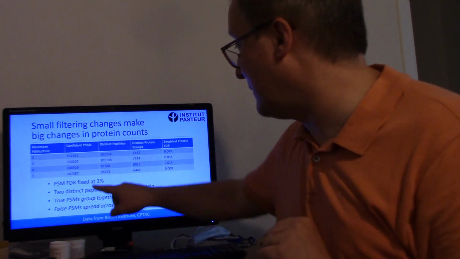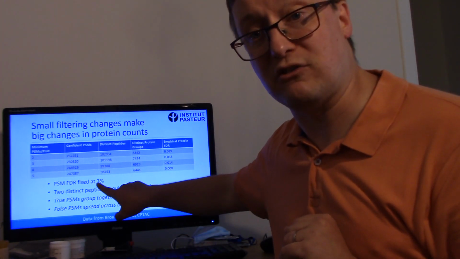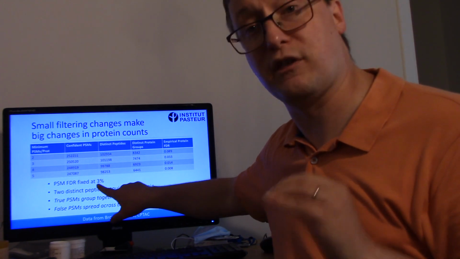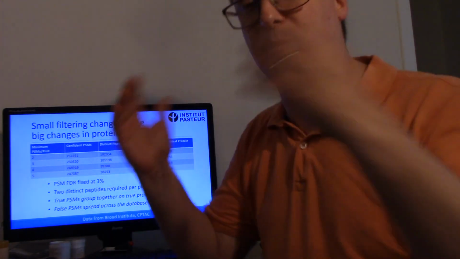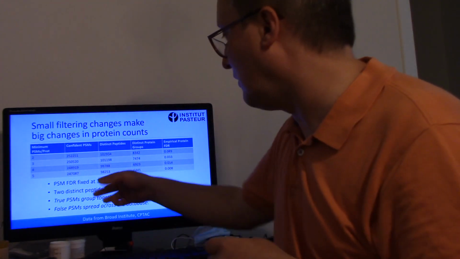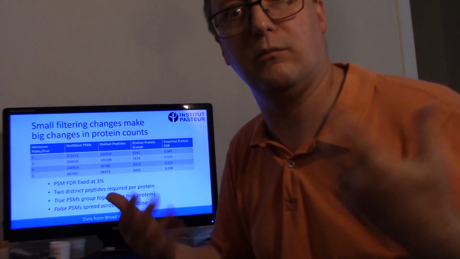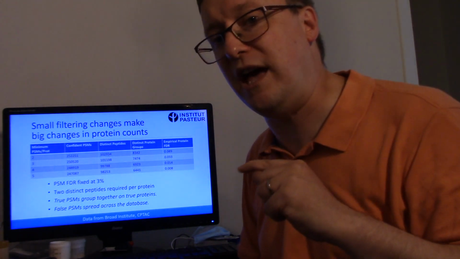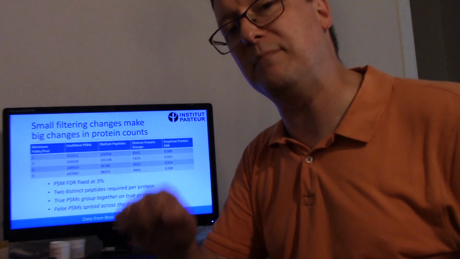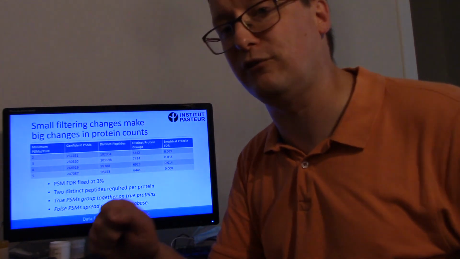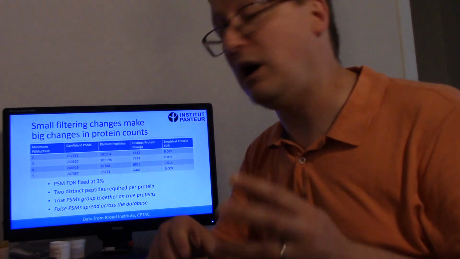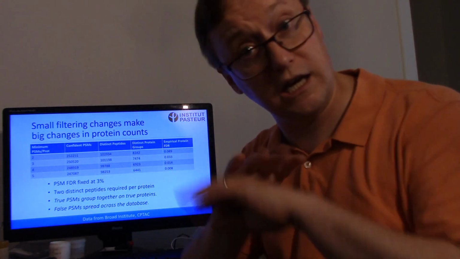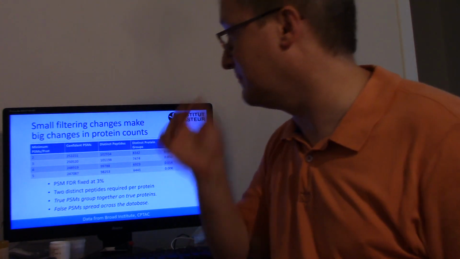In each case, I'm applying a peptide spectrum match false discovery rate of 3%, which is to say that 3% of all of the PSMs are false. But I'm going to apply another rule on top of that, which asks how many peptide spectrum matches must I have for a protein before I will call it identified, and I'm using parsimony in every case.